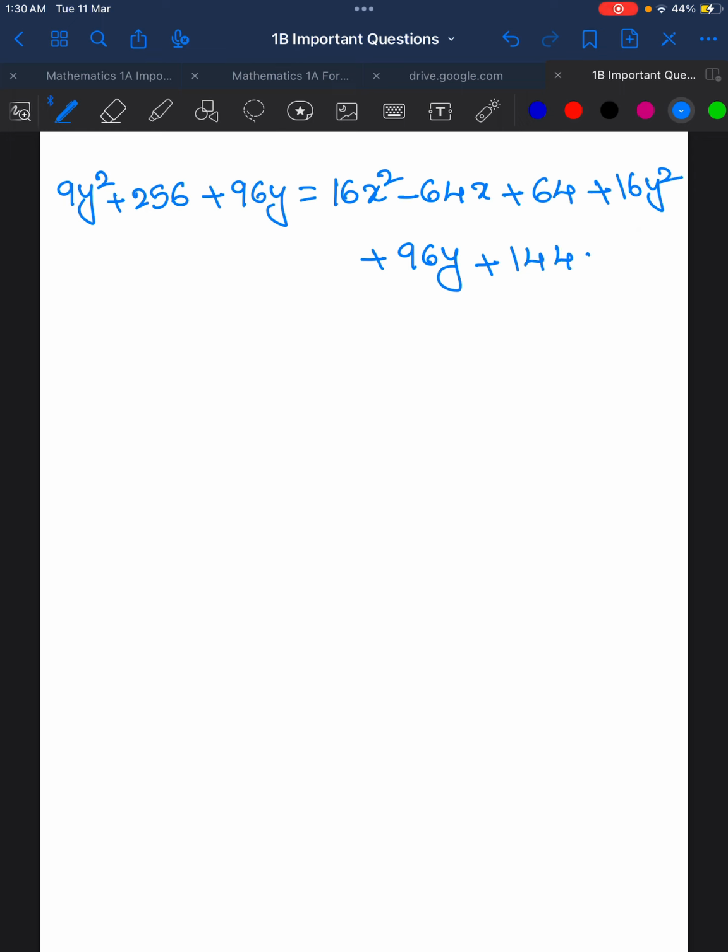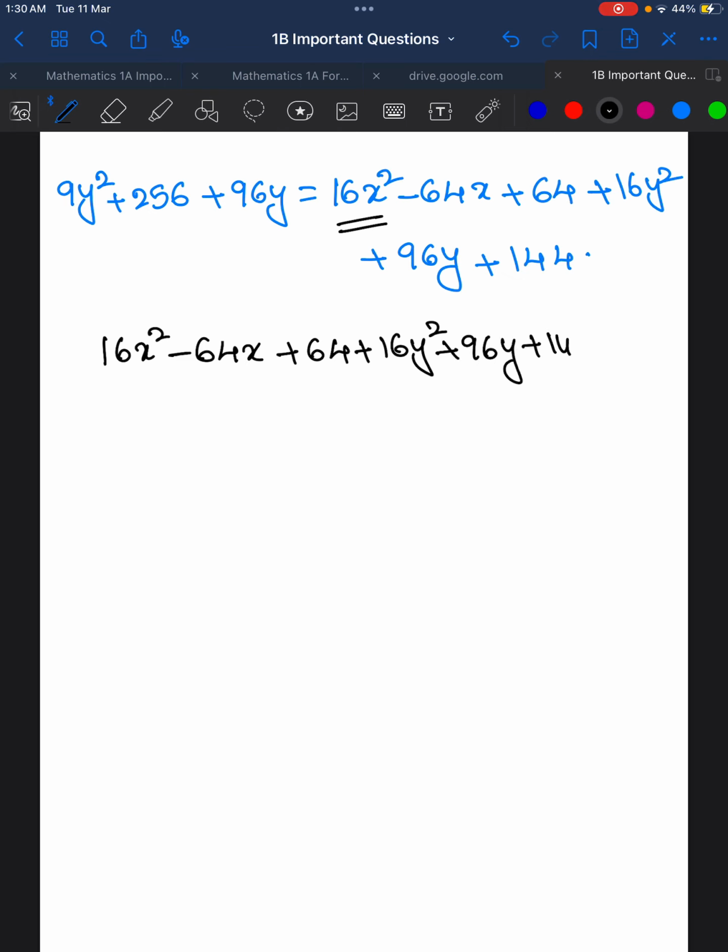Now I want to take all terms to the right side because 16x square is on the right side. So I'll take all terms to the right side. It will become 16x square minus 64x plus 64 plus 16y square plus 96y plus 144. If I take the left side terms to the right side, it will become minus 9y square minus 256 minus 96y is equal to 0.